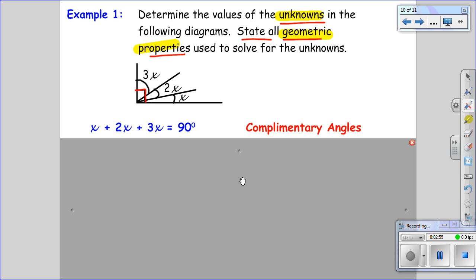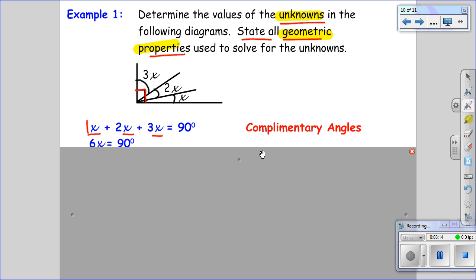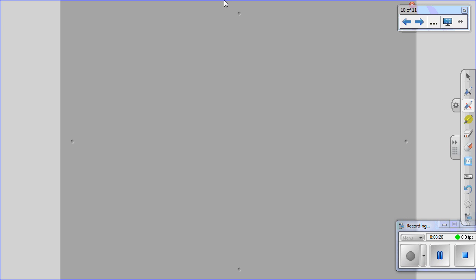Now my knowledge of algebra tells me that if I have like terms, I can add the coefficients. Well, these all have an x with an exponent of 1, so they are like terms. And if I simply see an x, its coefficient is 1, and I add them up. 1x plus 2x plus 3x will give me 6x, which is equal to 90. In order to solve for x, I have to remember I need to divide it into 6 groups.